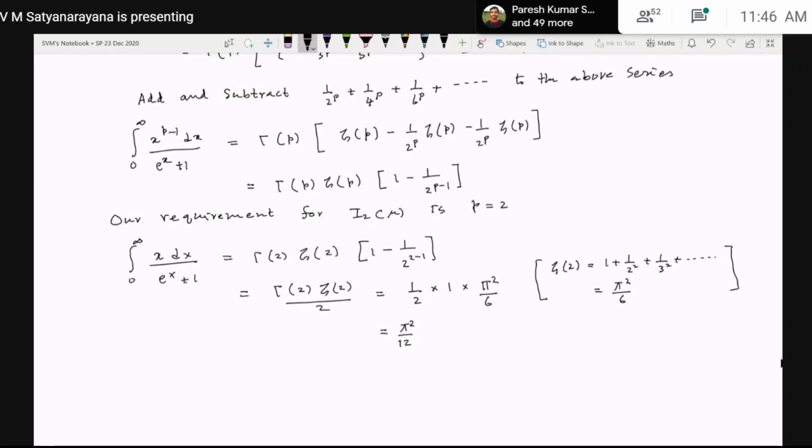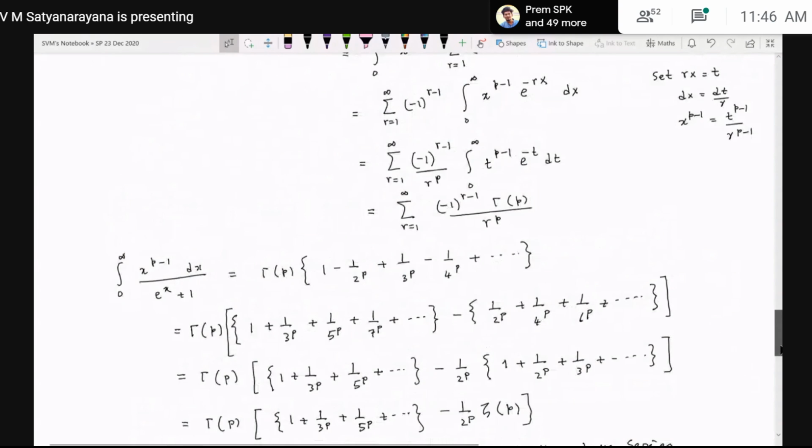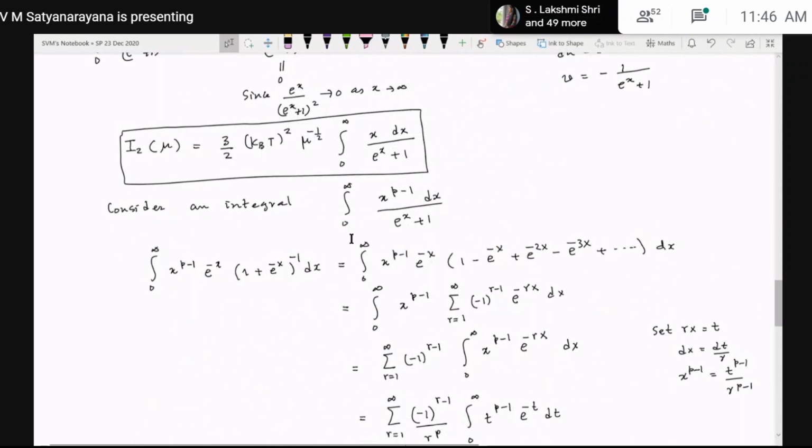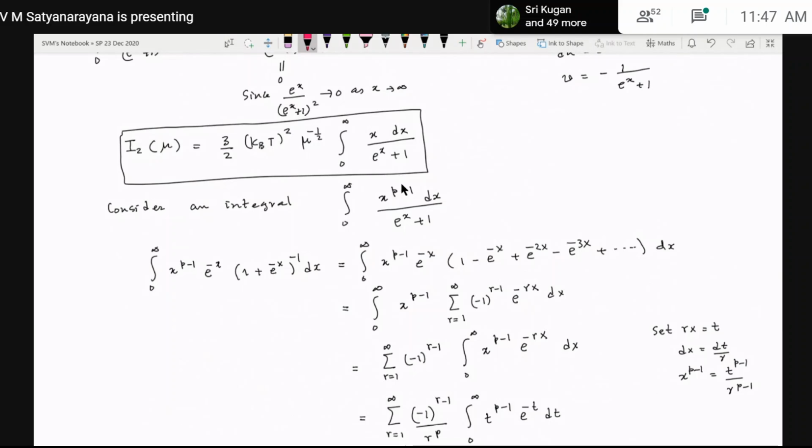Now let's retrace our path back. So this integral is evaluated, and this integral is pi square by 12.